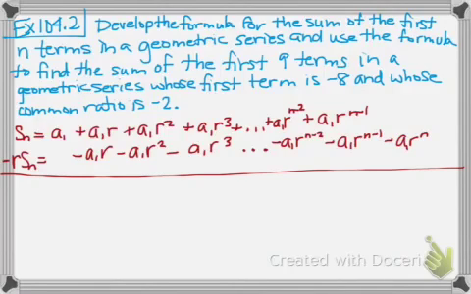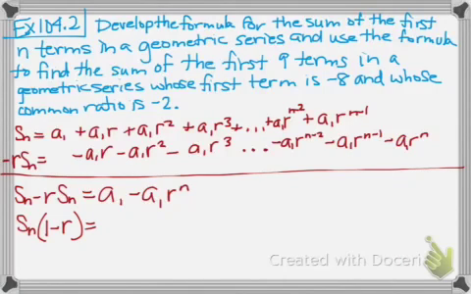When we add that together, all of those middle terms are going to drop out, and you're left with s sub n minus r s sub n equals a sub 1 minus a sub 1 times r to the nth power. Now we're just going to pull out an s sub n on the left, pull out an a sub 1 on the right, and then divide by 1 minus r.